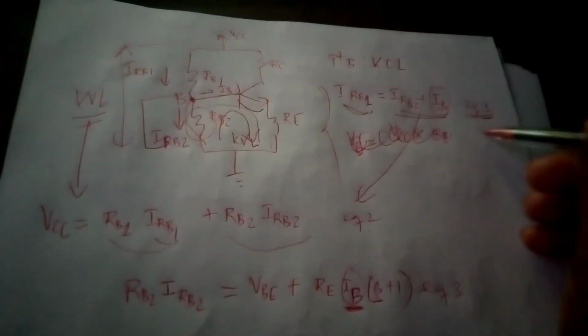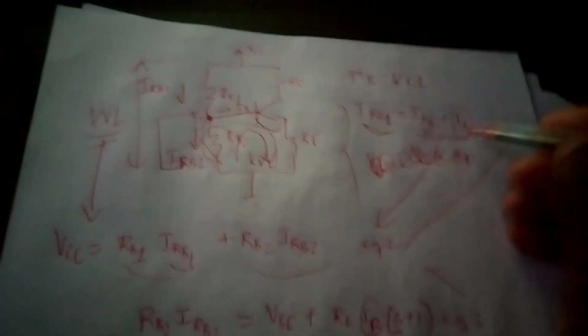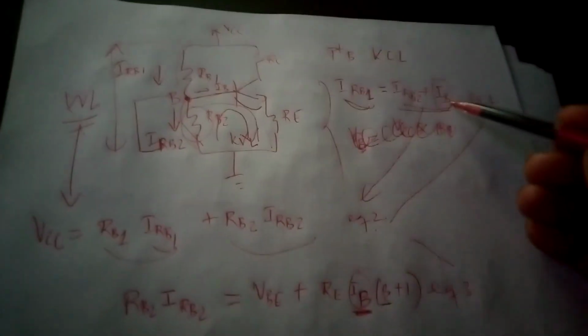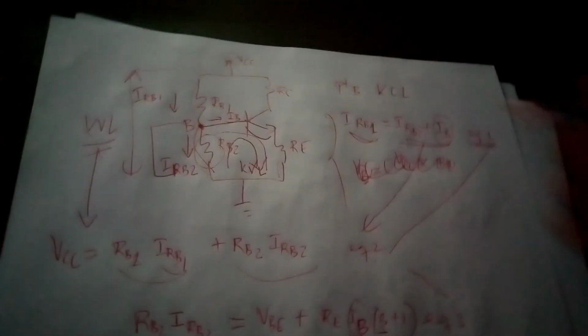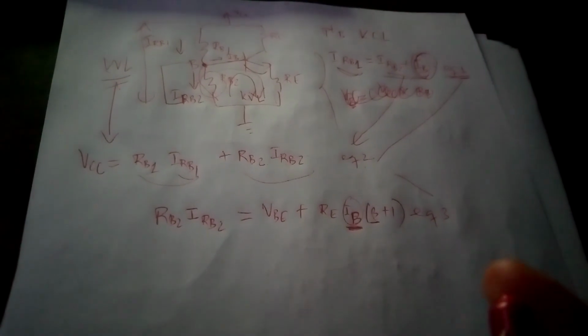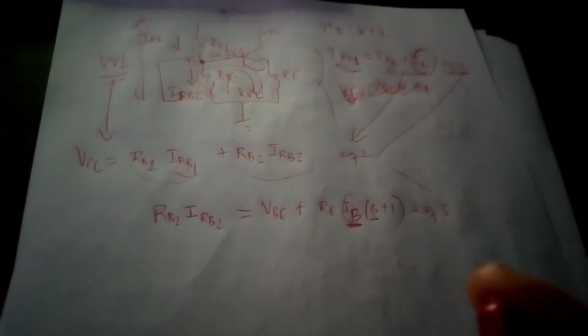So now you've got a third equation. If you solve this system of 3 equations with 3 unknowns, IRB2, IB, and IRB1, you can get IB. So that's the long way, which requires solving three simultaneous equations with three unknowns.